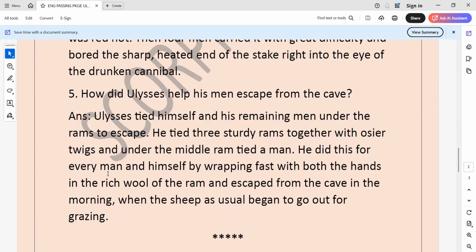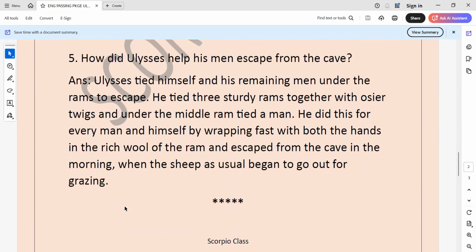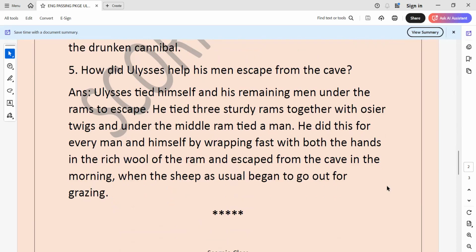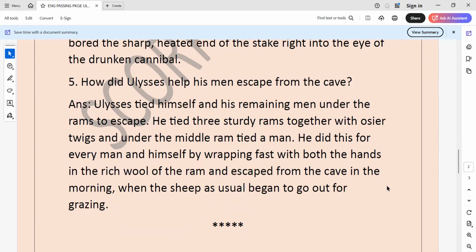He did this for every man and himself by wrapping fast with both the hands in the rich wool of the ram, and escaped from the cave in the morning when the sheep, as usual, began to go out for grazing. Okay, so these were important questions from this chapter of your non-detailed, and I hope it is clear.